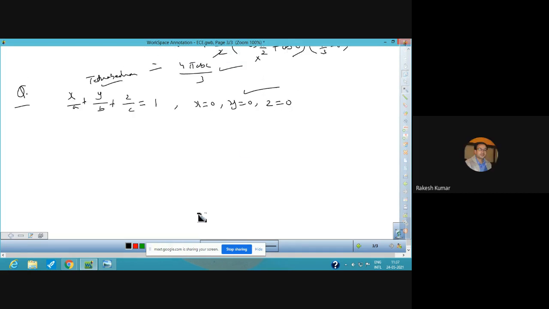Now you just draw the shape of the tetrahedron. This is your y-axis, and this is your z-axis, and this is your x-axis, and your tetrahedron will be like this. Plot this figure of tetrahedron. Now this is your origin point, and this is the point along the y-axis.